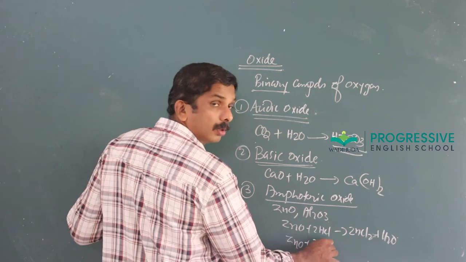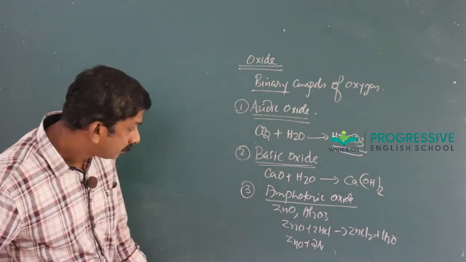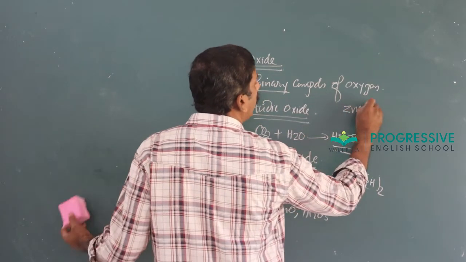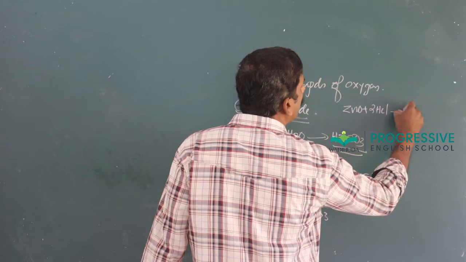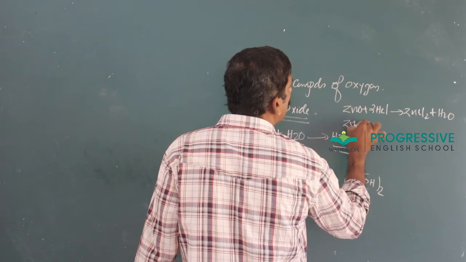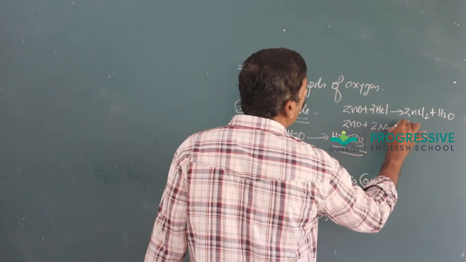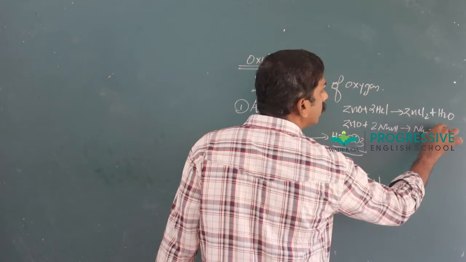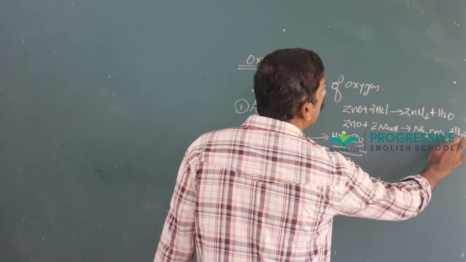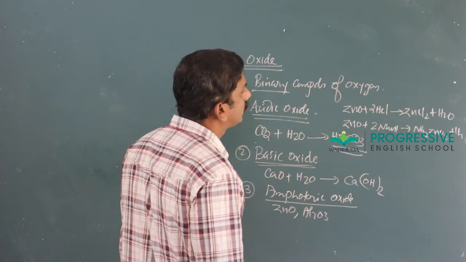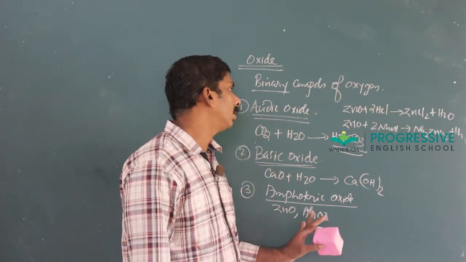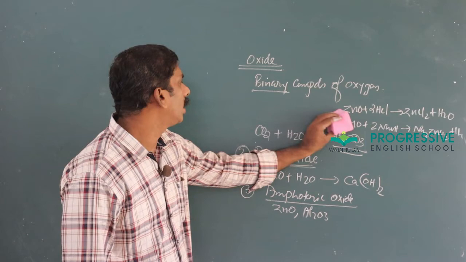ZnO plus 2NaOH gives Na2ZnO2 plus H2. Okay, that is, they belong to the class of amphoteric oxide.